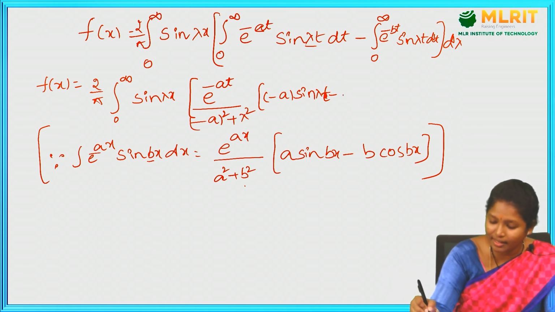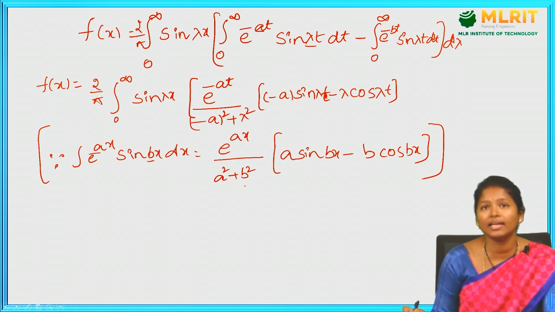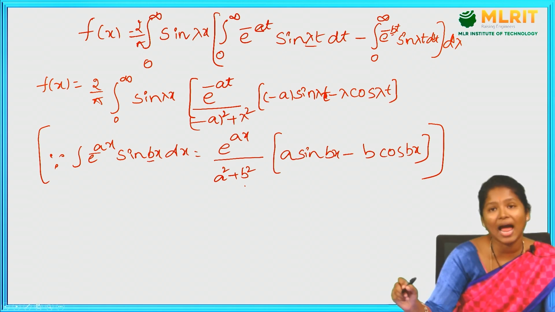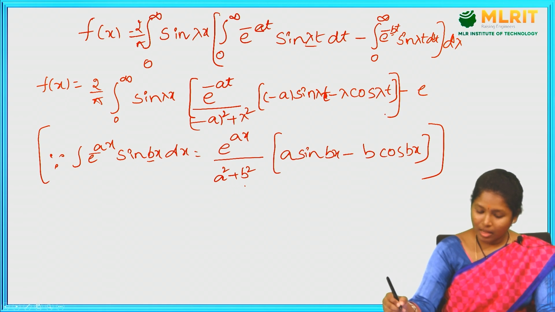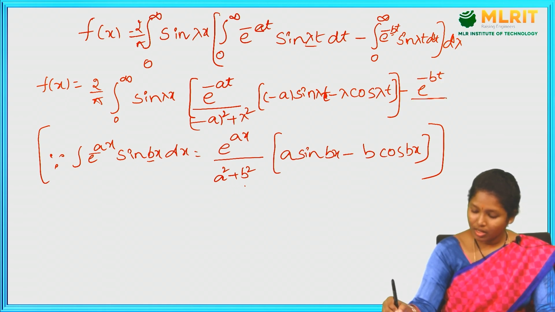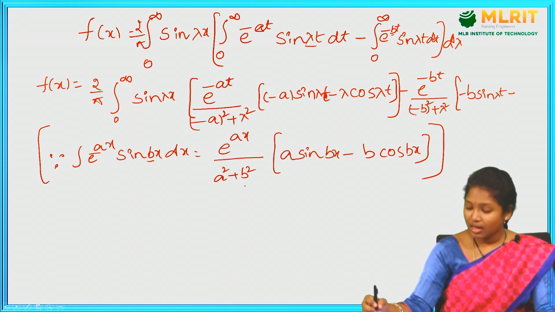Lambda, right? So lambda into cos lambda t. So similarly, here in the place of a, minus b is there and in the place of b, lambda is there. So we will get minus e power minus bt by minus b whole square plus lambda square, minus b sine lambda t minus lambda cos lambda t.